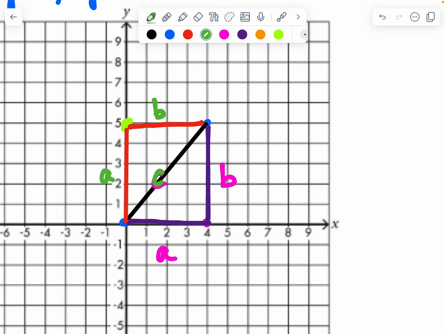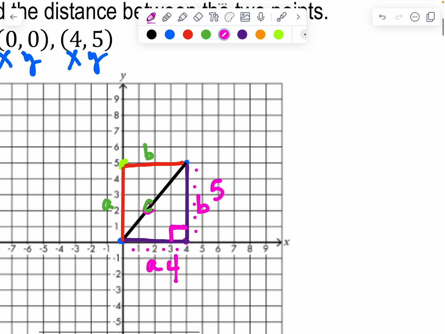Now what we do is we count our boxes. So I'm going to go to the purple triangle. This is our right angle. So I'm going to count our boxes. 1, 2, 3, 4. 1, 2, 3, 4, 5. So I have A is 4, B is 5.